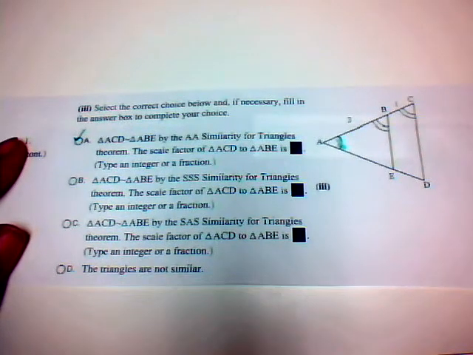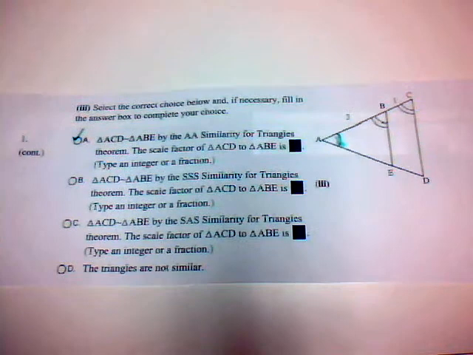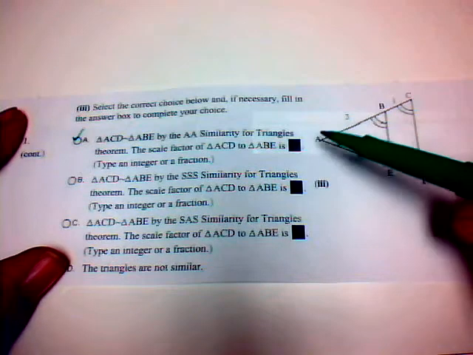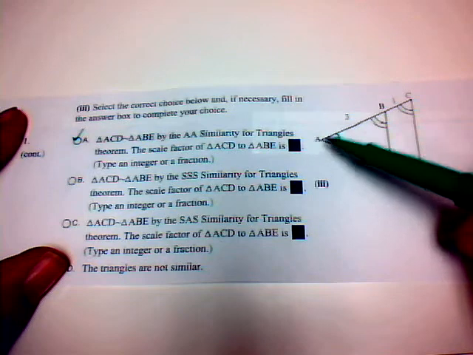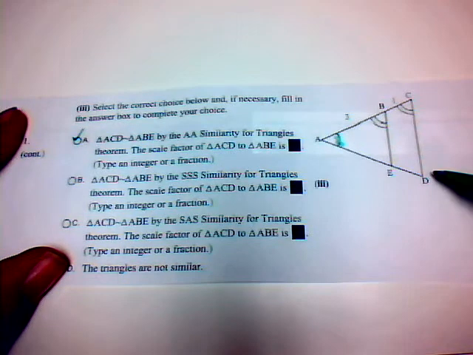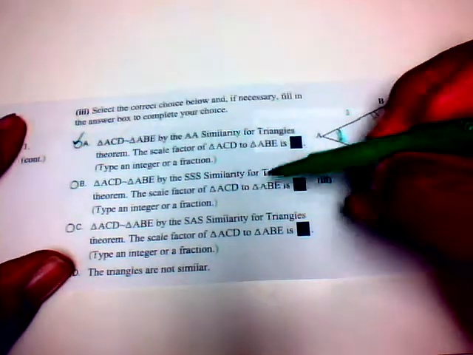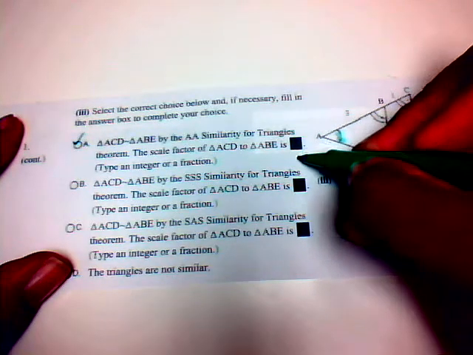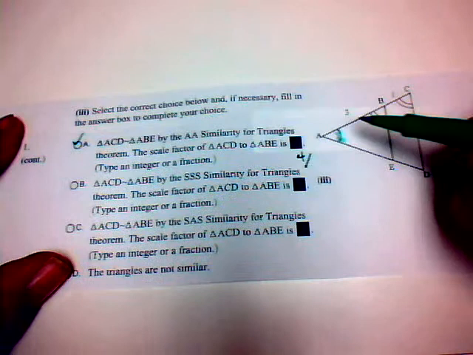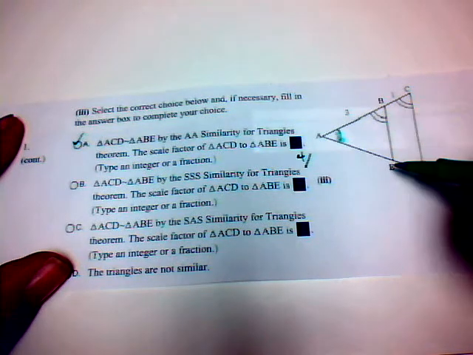And then we want to find the scale factor for this one. Let's be careful here, because for ACD, you have to add 3 plus 1, which will give you 4, over ABE.